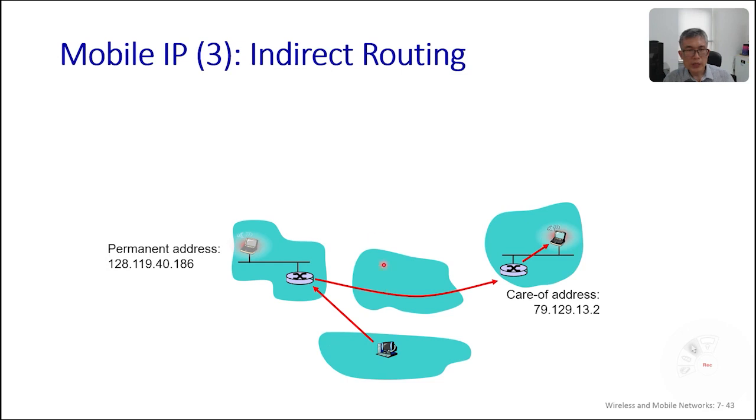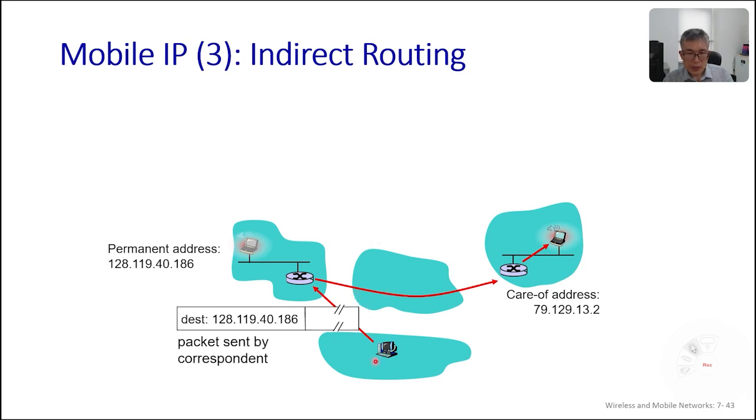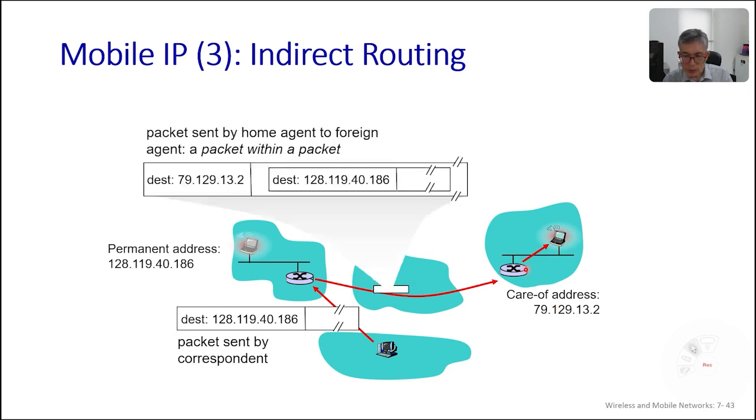So this is indirect routing. The correspondent node sends a packet whose destination is this mobile node's permanent IP address. The node has moved to some foreign network, so it is allocated a care-of address, a new address, from the foreign agent.